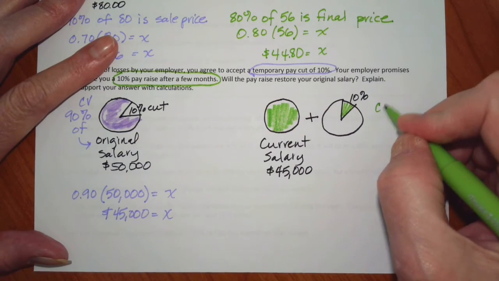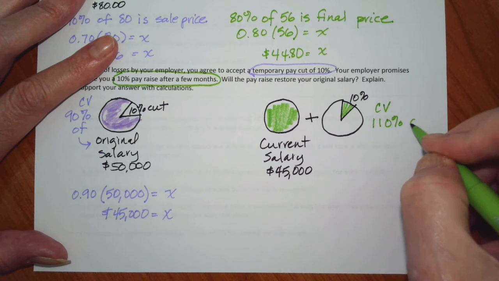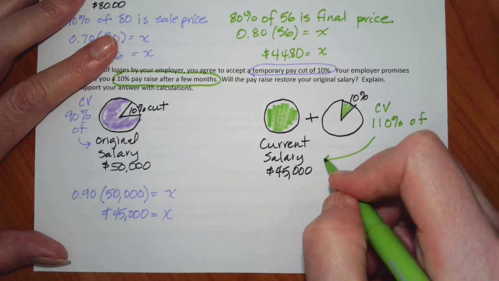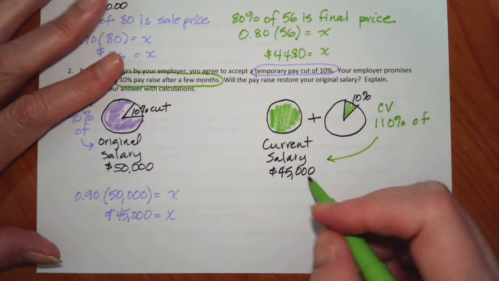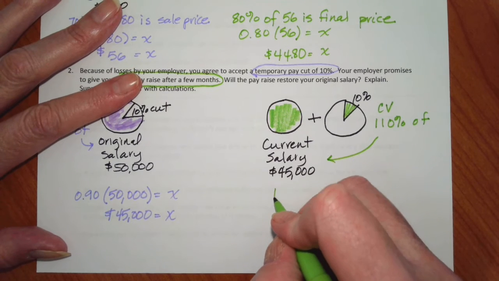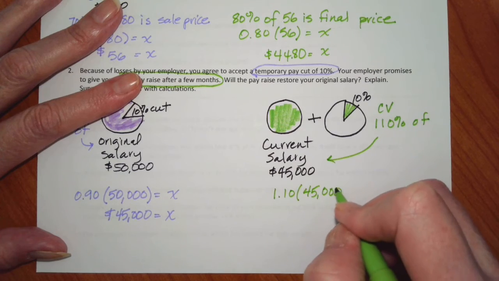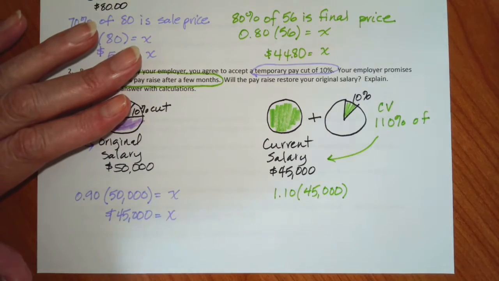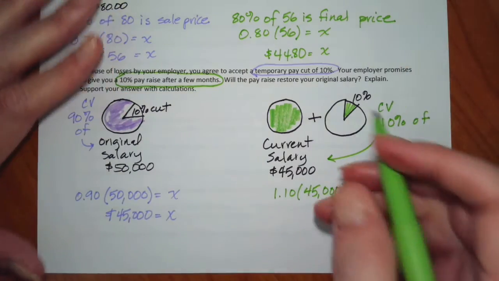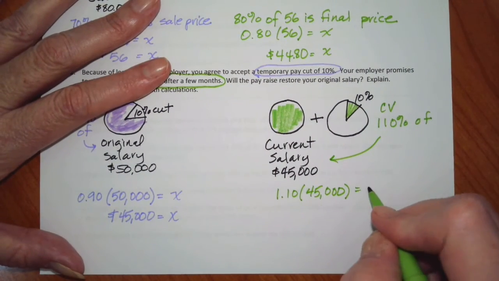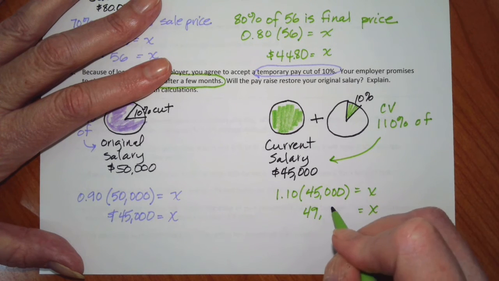Now the compared value is 110% of the current salary. Convert that to a decimal. That gives you 1.10 times 45,000, which brings you back up to 49,500.